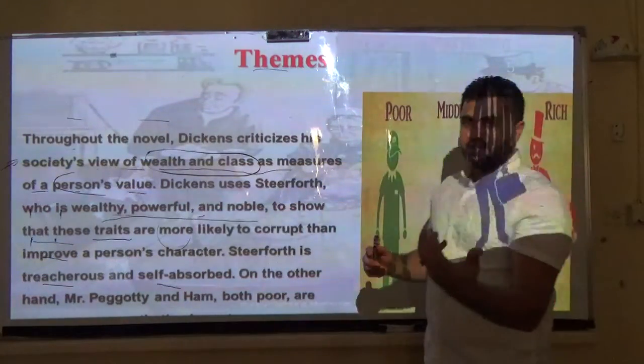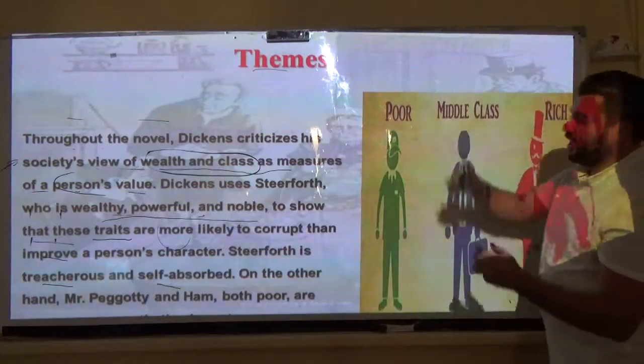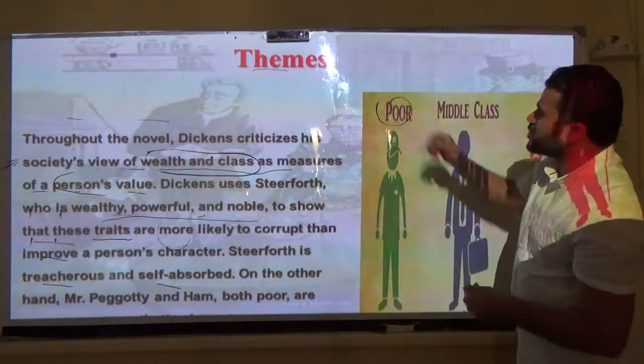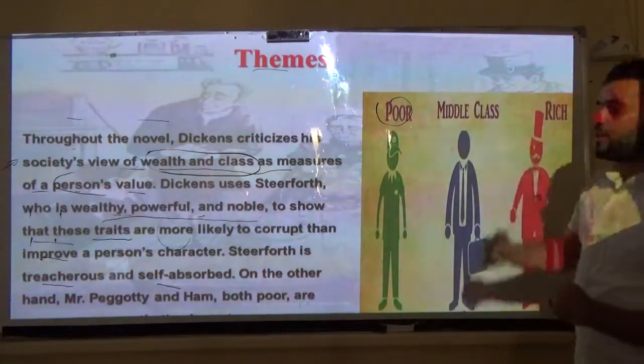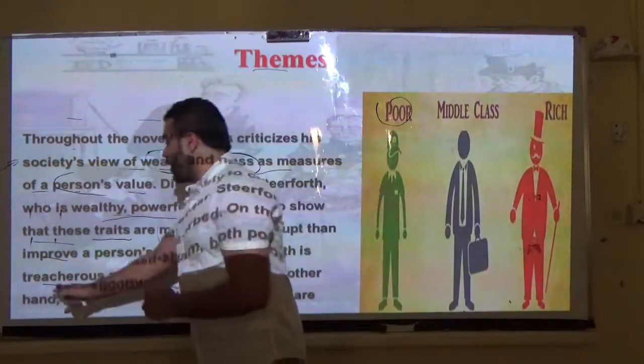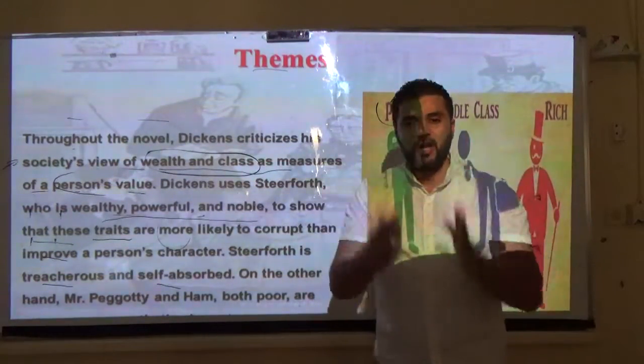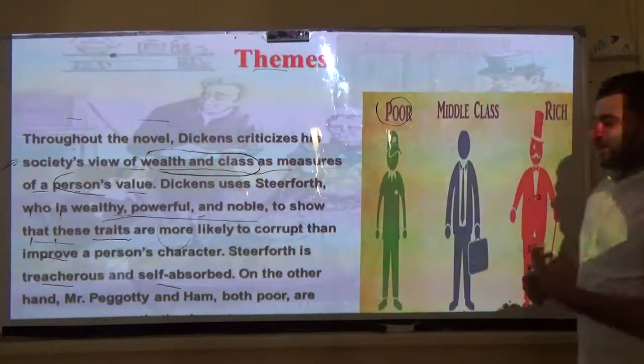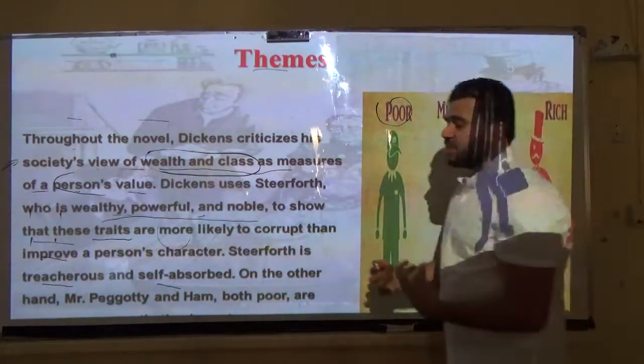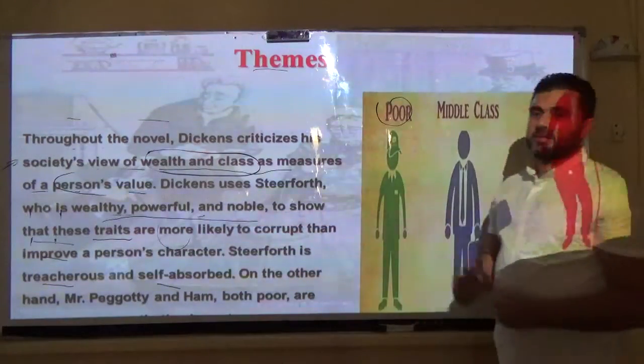On the other hand, we have characters who represent the poor. We have Mr. Peggotty and Ham. They are very poor, but they are sympathetic and generous.